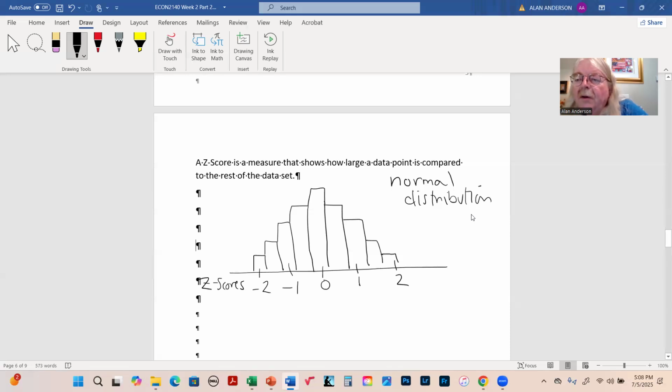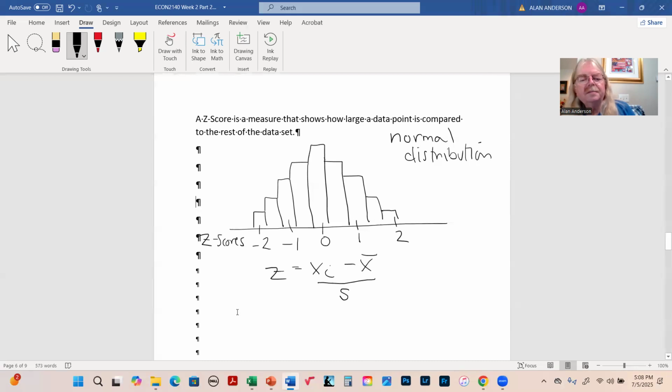Again, we'll have a much deeper discussion about this later on in the course. But for now, it's enough to note that all you're doing here is taking x minus the mean, which if it's a sample would be x bar. And then down here you have your standard deviation. And that's where these numbers are actually coming from. So regardless of what the test scores were, once I standardize them, they're going to look like these z-scores.